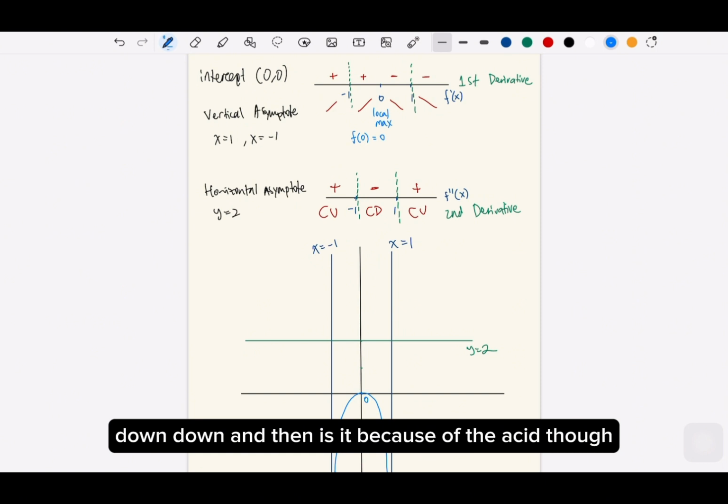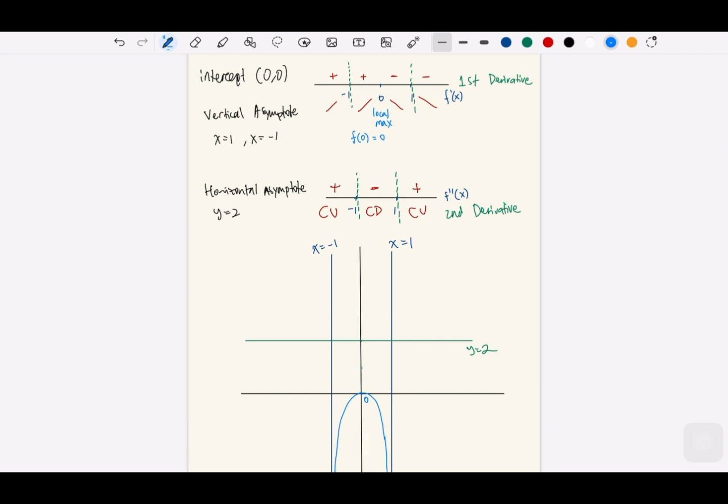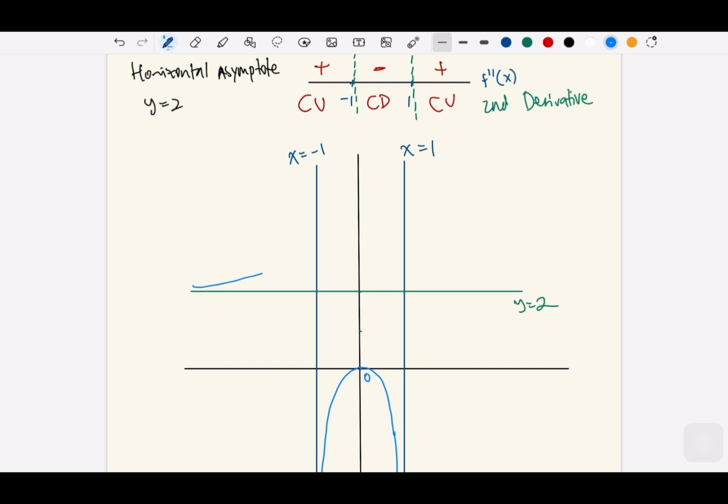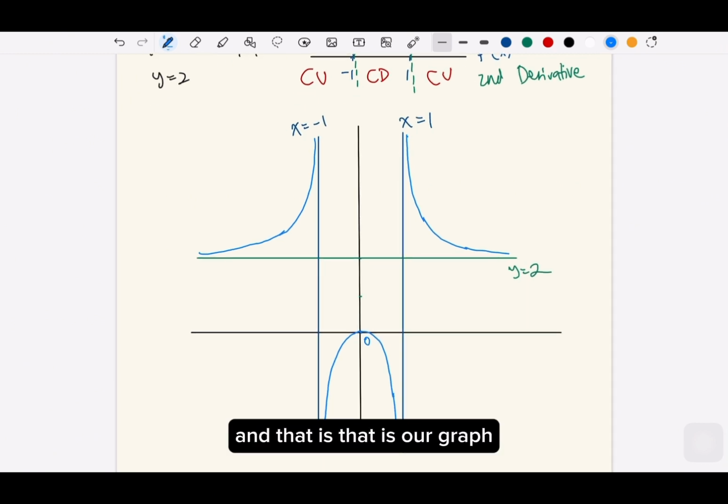And because of the asymptote, we are going to see that it's going to be like that. And that is our graph.